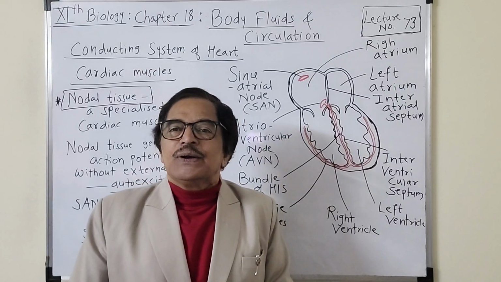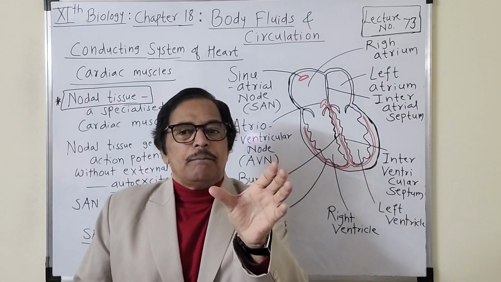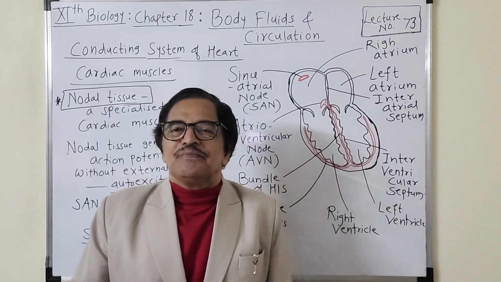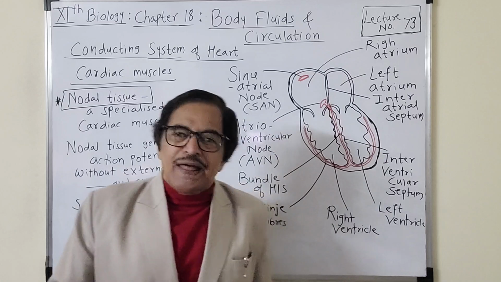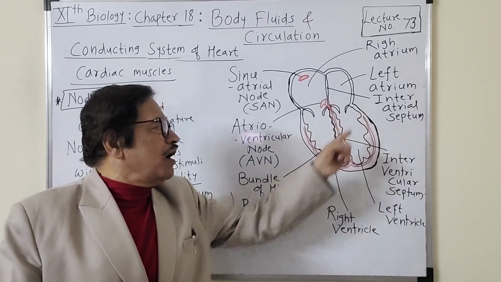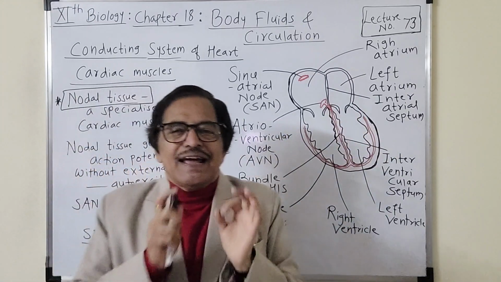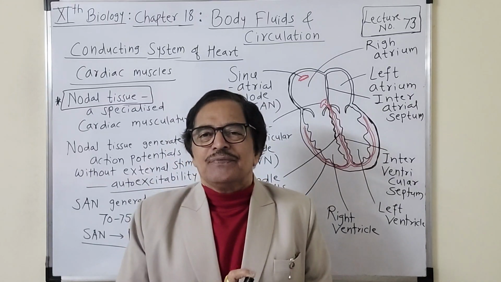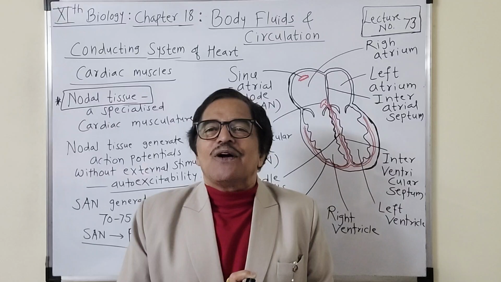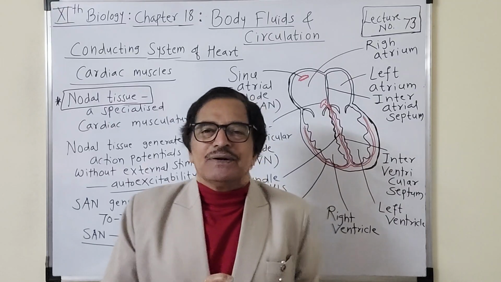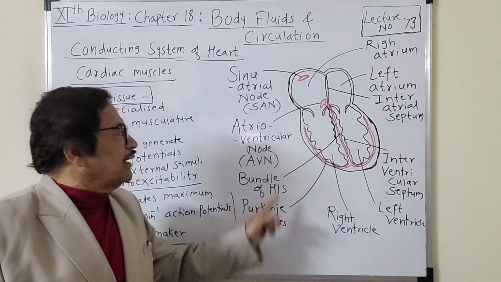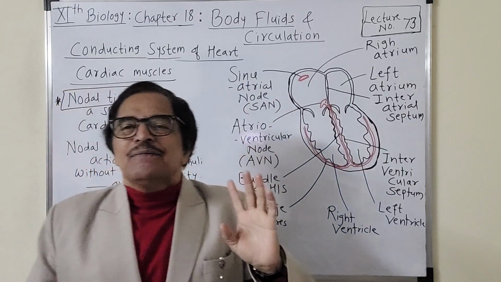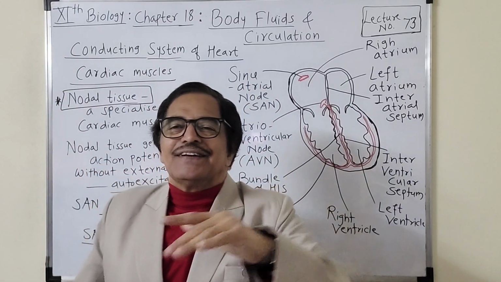Why? Because ventricles have to pump the blood, and that's why the wall is very thick. So through that entire thick wall of the ventricle, the delicate fibers distributed from the bundle of His are called what? Purkinje fibers. And conduction passes in the same order as given.